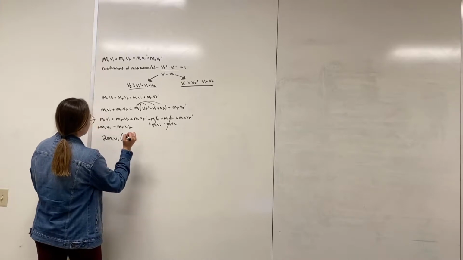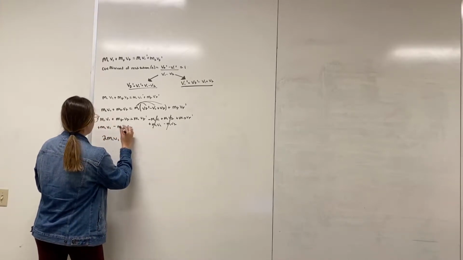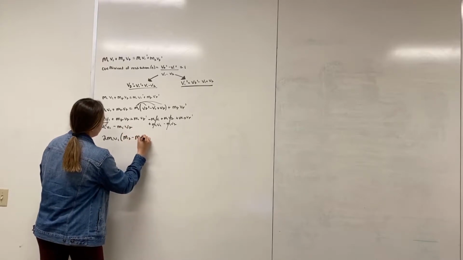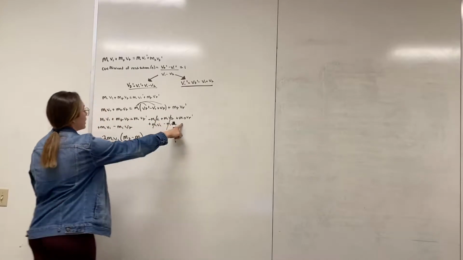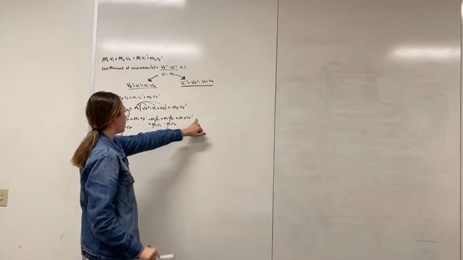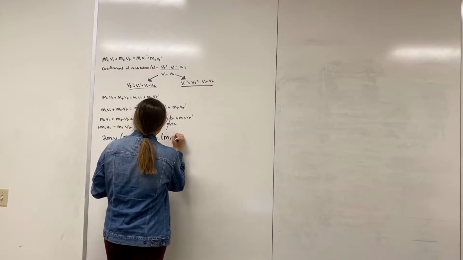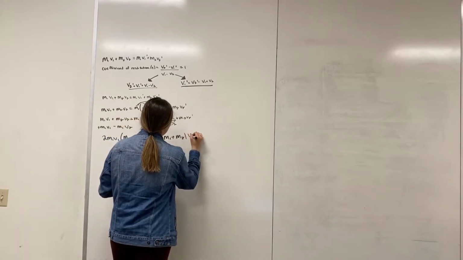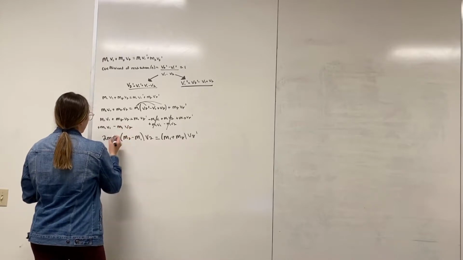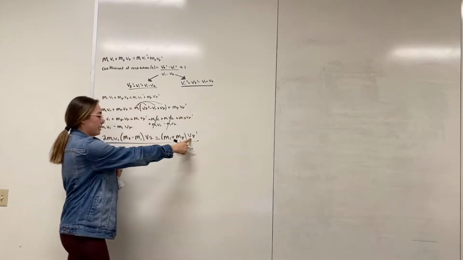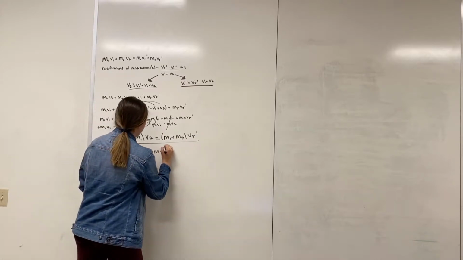m2 minus m1 times v2. And then on this side, since you have the similar value of v2 prime, you distribute it out. And then to get v2 prime by itself, you're going to divide the whole thing by m1 plus m2.